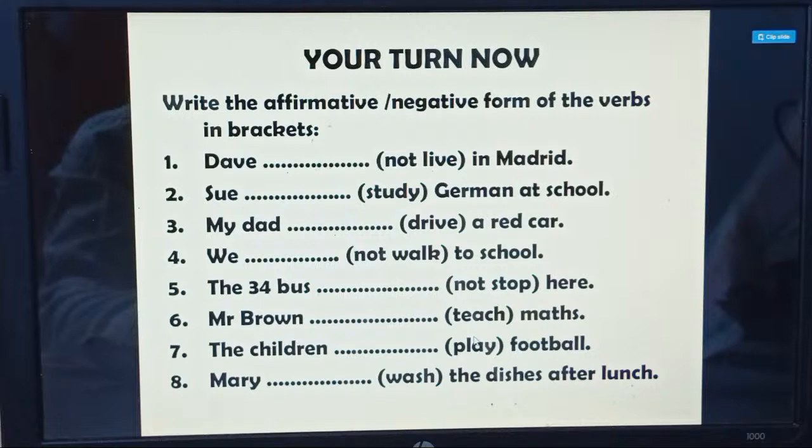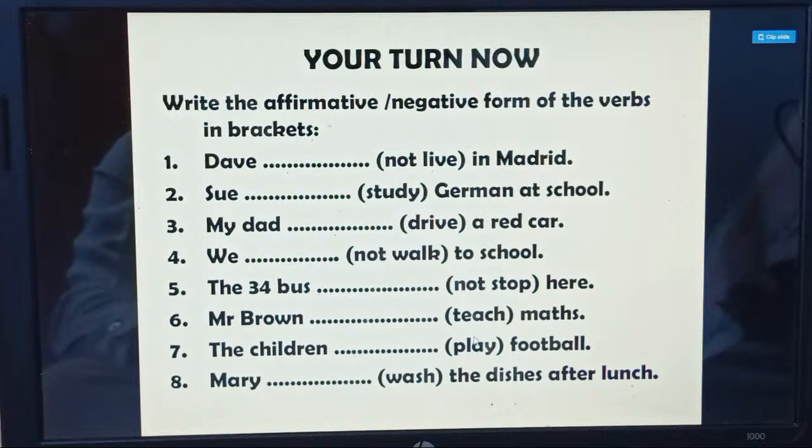Okay, next one, my dad drive a red car. How do you say? My dad is singular, so my dad drives a red car. Next one, we not walk to school. Negative sentence. How do you make a negative sentence here? We do not walk to school.